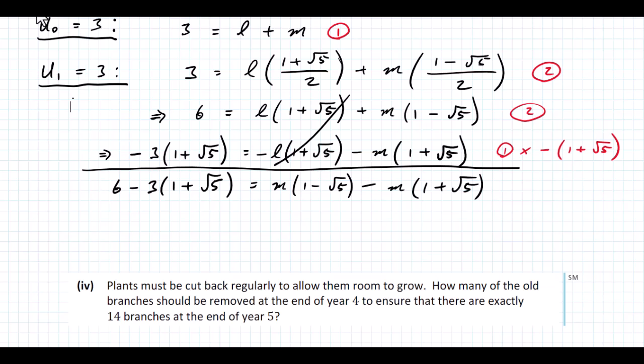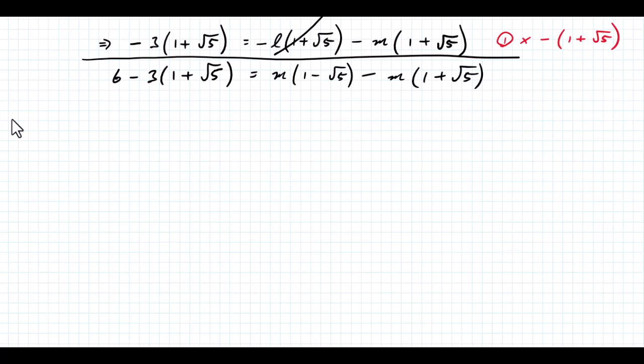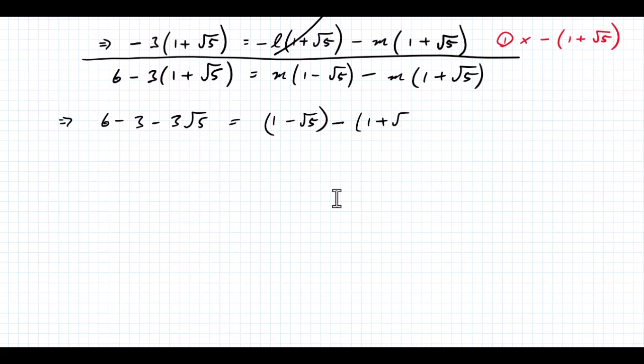Okay, so let's just factorize out that m. So I'll just move this down again. We're going to factorize out this m here. On this side we have 6 minus 3 root 5... let's see, we have 6 minus 3 times (1 plus root 5). And on this side then we've got (1 minus root 5) minus (1 plus root 5), and we've got an m here on the outside.